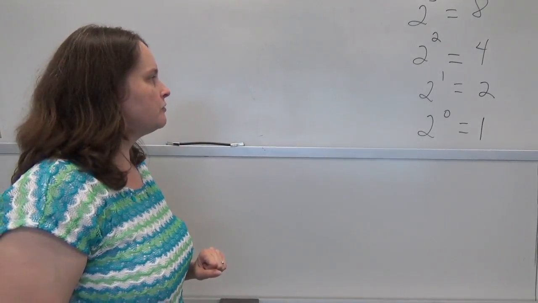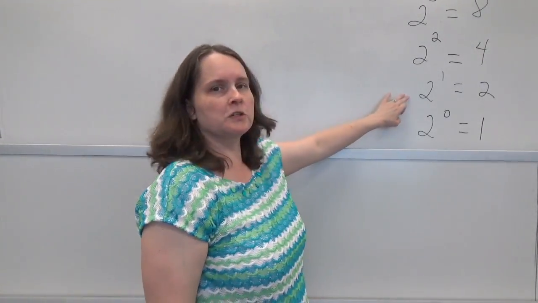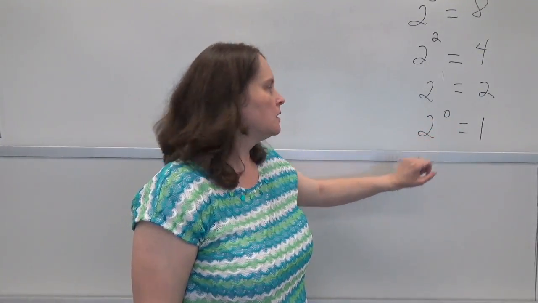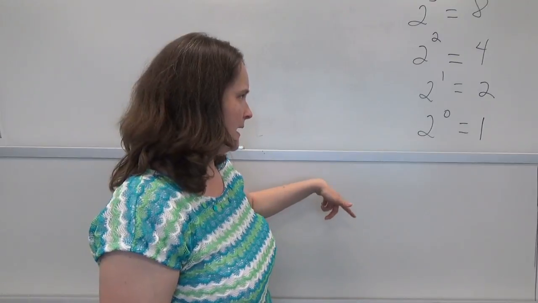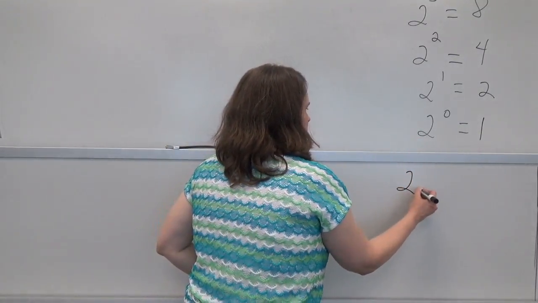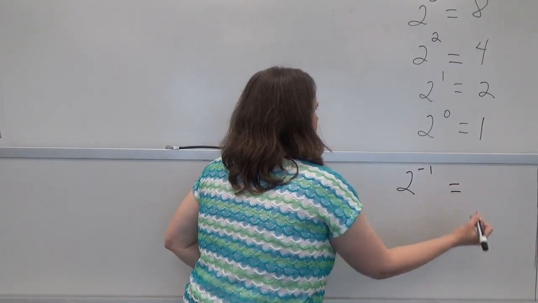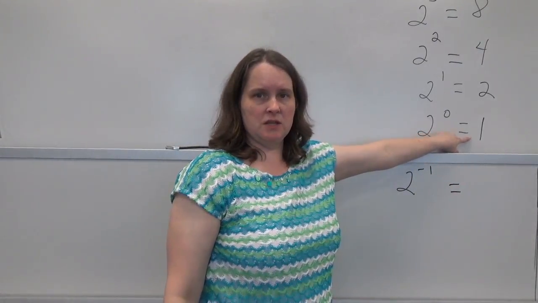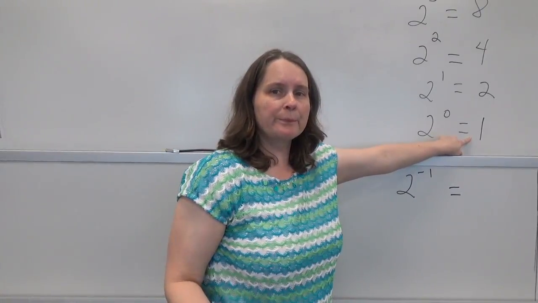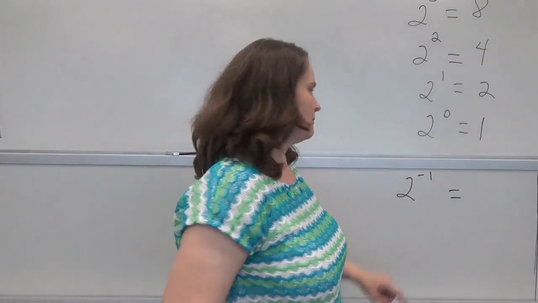As we saw before, 2 to the 1st was equal to 2, and 2 to the 0 power was equal to 1. If I continue with this pattern, if I do 2 to the negative 1st, I want to divide the previous result by 2. Well, 1 divided by 2 is going to give me 1/2.